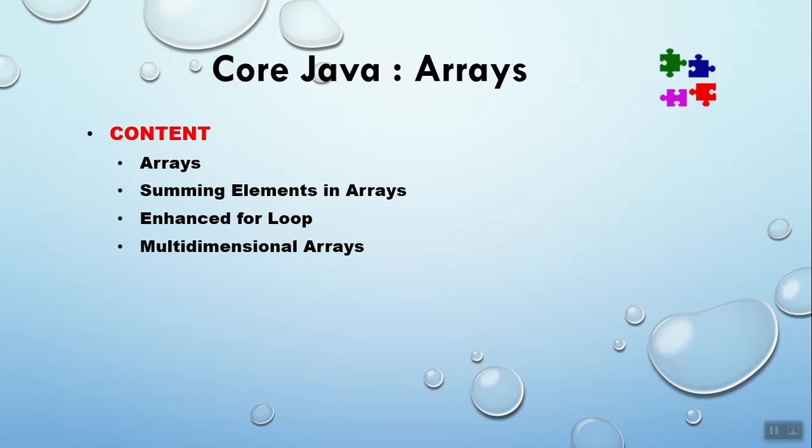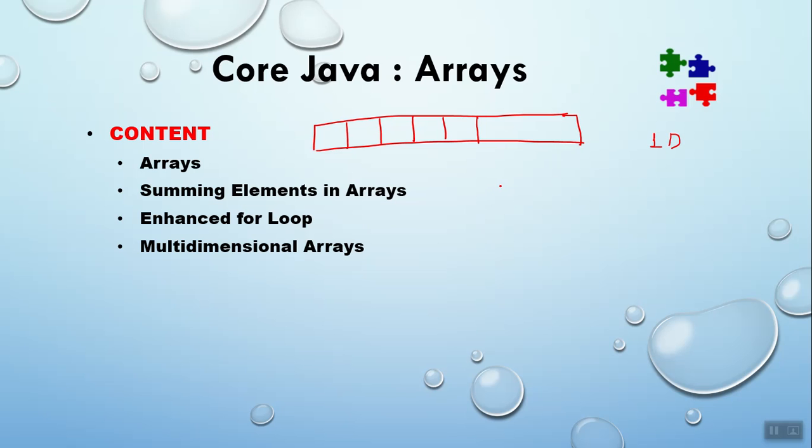So the structure of an array is something like this. You can think of it this way. Suppose this is a one-dimensional array. There are many types of arrays, and we will be covering them.